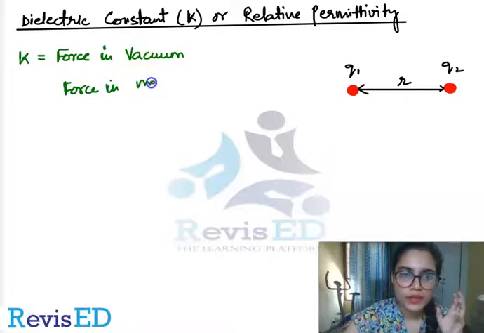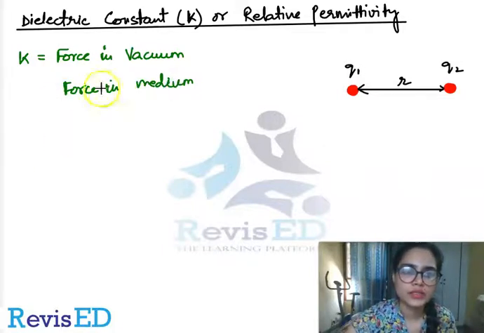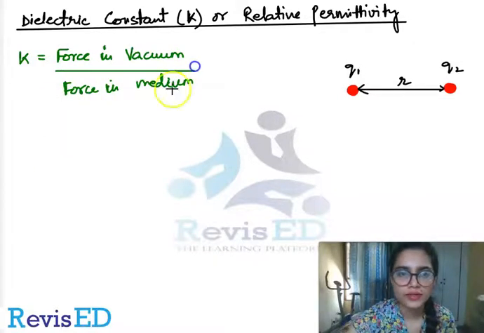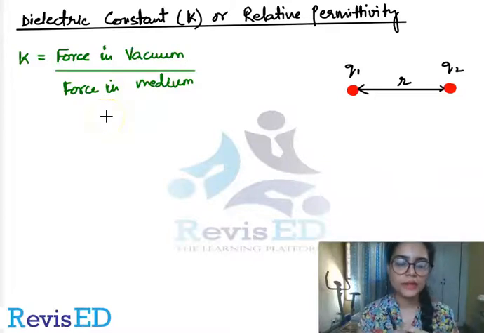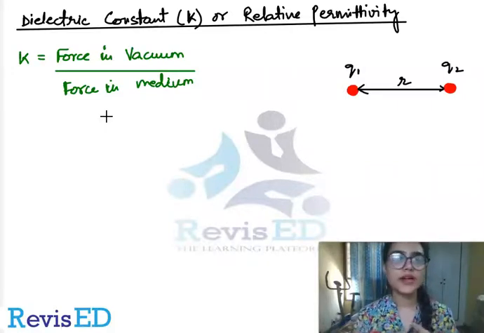It is the ratio between the force between two charges separated by a certain distance in vacuum, to the force between the same two charges separated by the same distance in the medium. The charges and the distance remain the same, so the force changes due to the medium.